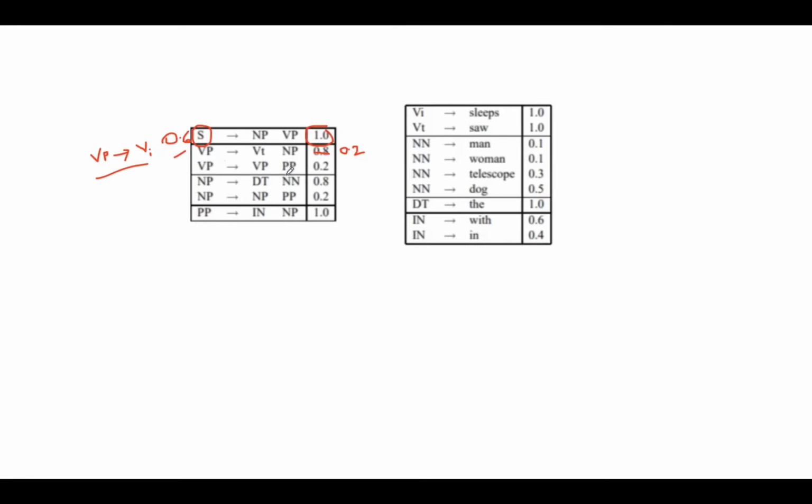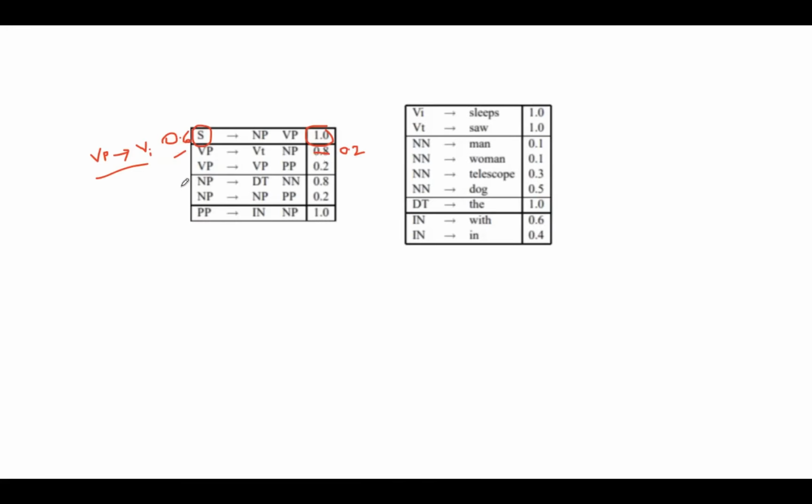The 3 different probabilities associated with the 3 options sum to 1. When we add all 3 values, 0.6 plus 0.2 plus 0.2, it gives us 1. This is a key constraint on the probabilities in a probabilistic context-free grammar. For any non-terminal, these probabilities must sum to 1.